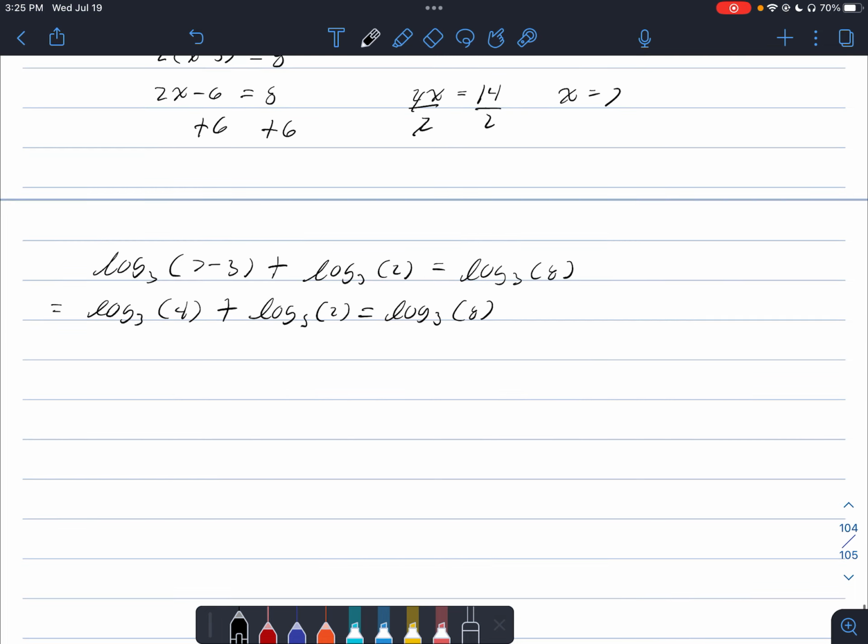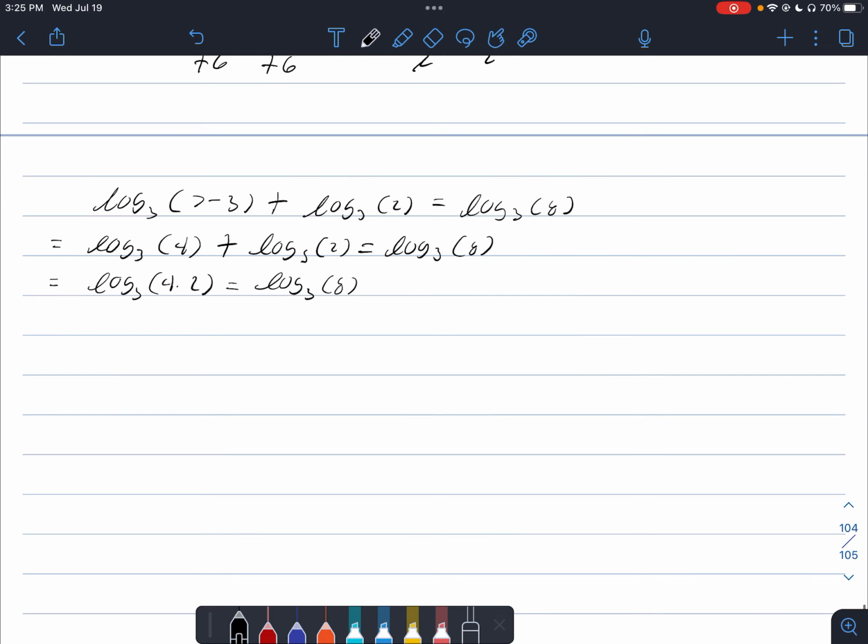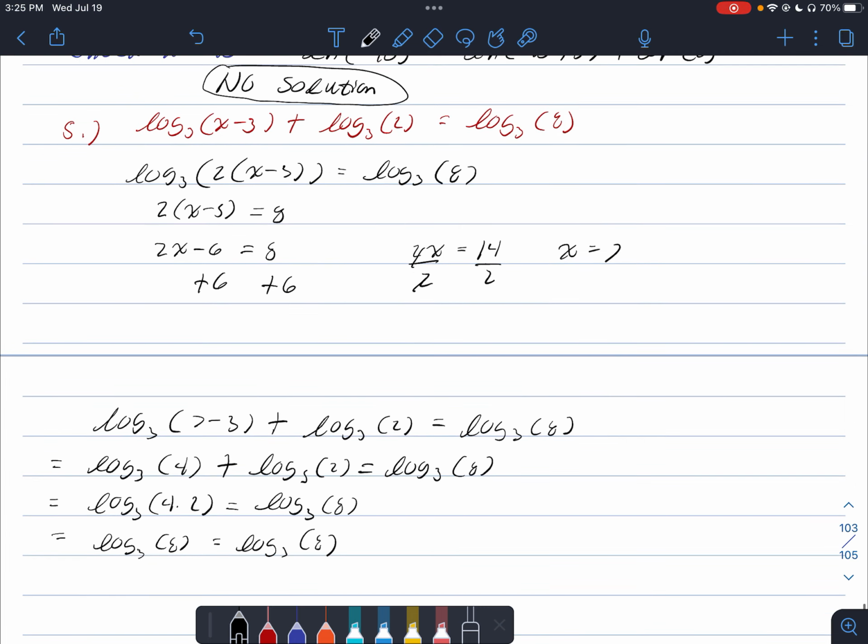But really this is, using our product rule, 4 times 2, should be equal to log base 3 of 8. So therefore we have log base 3 of 8 is equal to log base 3 of 8. So we know that x equals 7 is a valid solution.